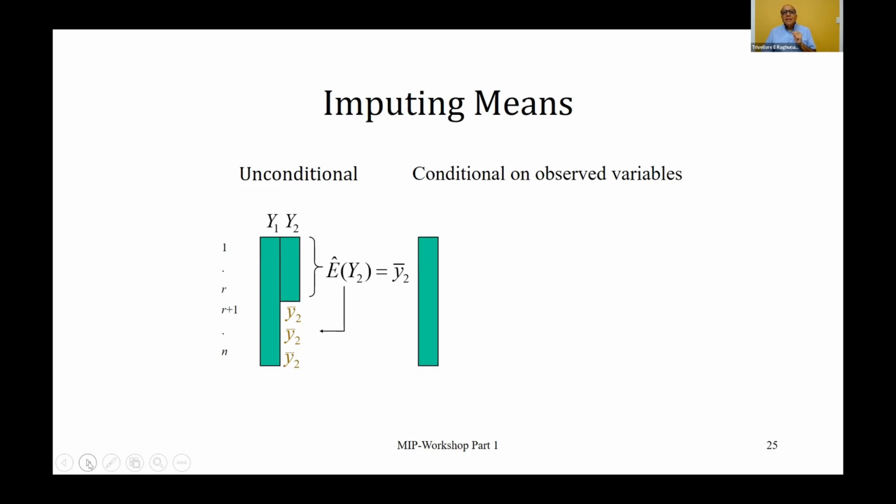And you might say, well, let us do conditional regression imputation. So you fit a regression model of y2 on y1, and then you predict from the regression model and plug in the regression estimates. By far, these are the best estimates of the missing values.